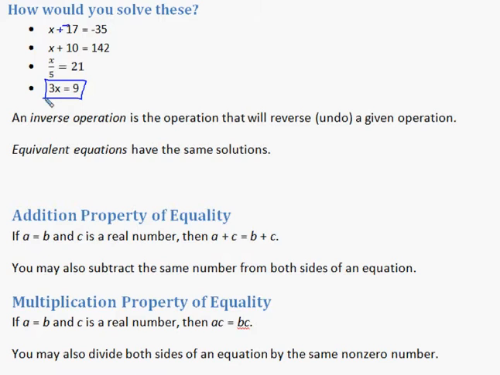An inverse operation is the operation that will reverse or undo a given operation. We've talked about inverses before. For addition, if we had 7, we're thinking what plus 7 gives us 0? Well, the inverse would be plus a negative 7.